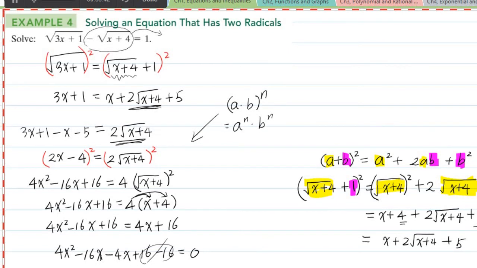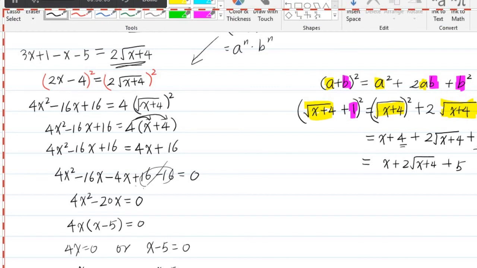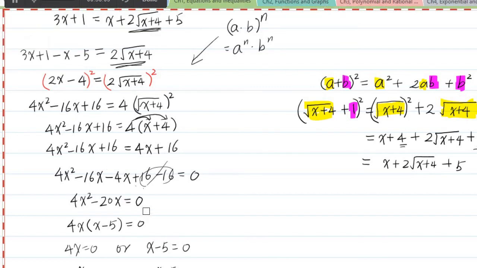I know it's a long process. Dividing both sides, we'll have x equals 0, or x minus 5 equals 0, which is x equals 5. That is how we get our x.